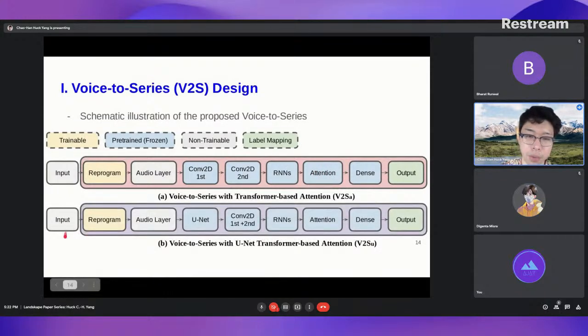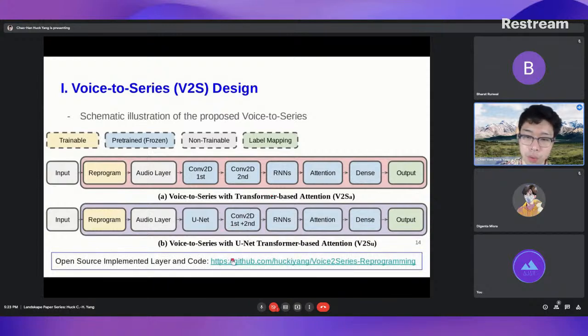Another thing is we also applied a stronger model, a UNet. This blue block is also pre-trained. But we found that sometimes if the model architectures are similar, a better source error does not really mean better reprogramming. So we did some ablation and found that this attention-only pre-trained model works better.